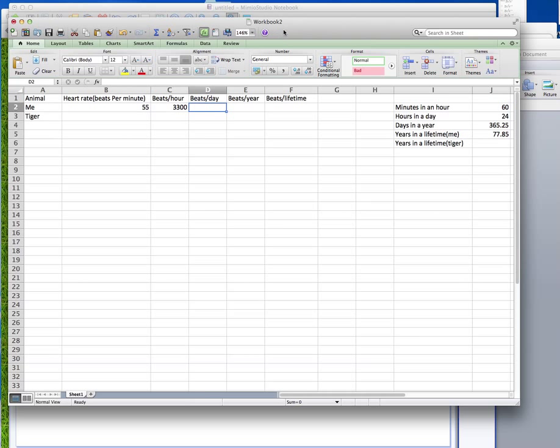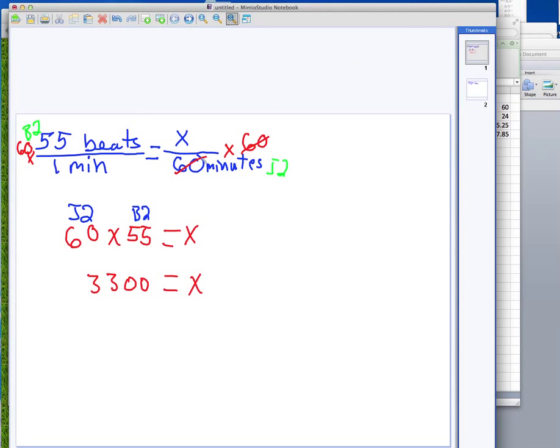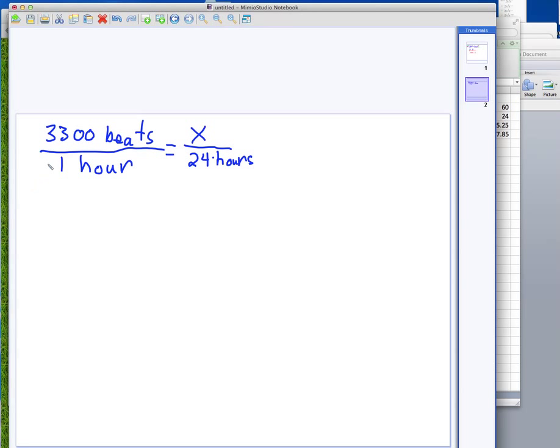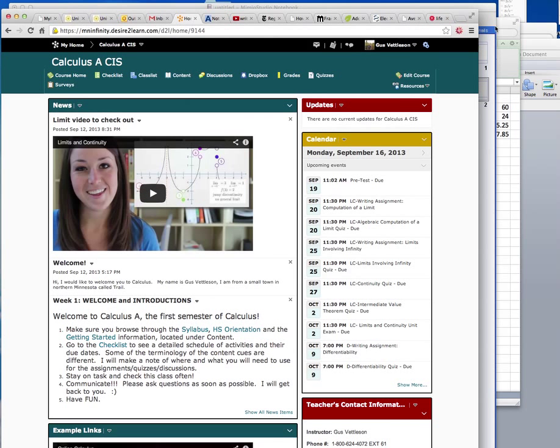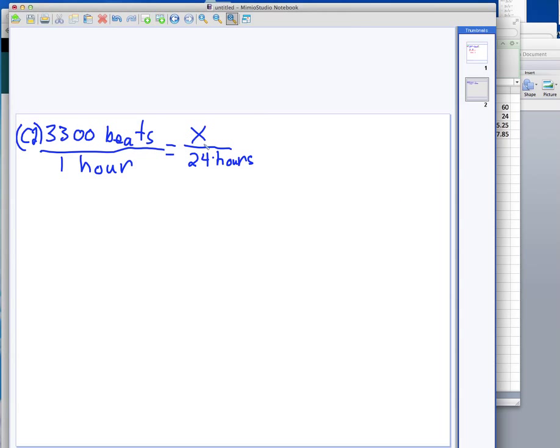Now let's calculate beats per day. Notice that the beats per hour is in C2, and hours in a day is in J3. So I'll go to this one, and this one was in C2, and this one was in J3.